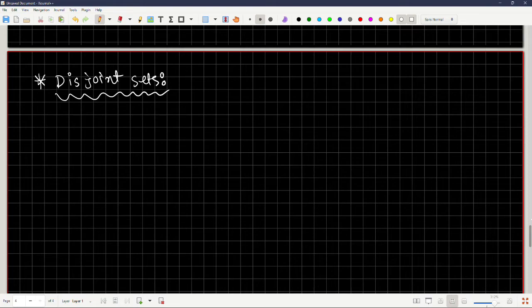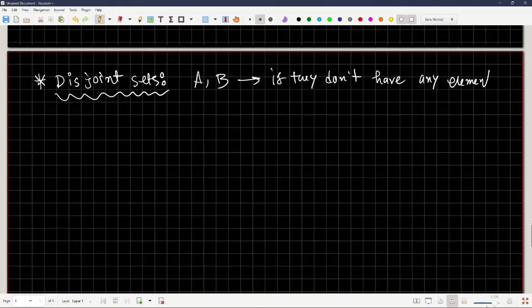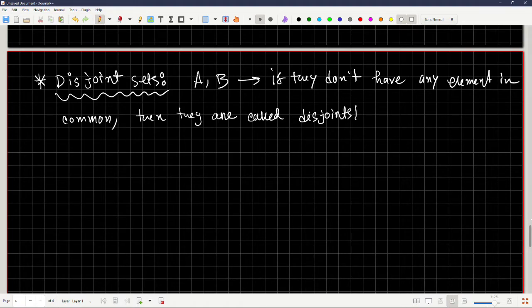So yeah, the last thing, disjoint sets. What are disjoint sets? Well, if you have two sets, let's say A and B, and if they don't have any element in common, then they're called disjoint.